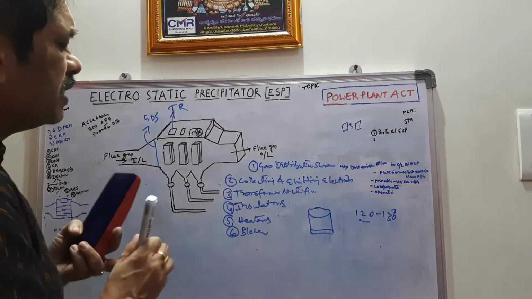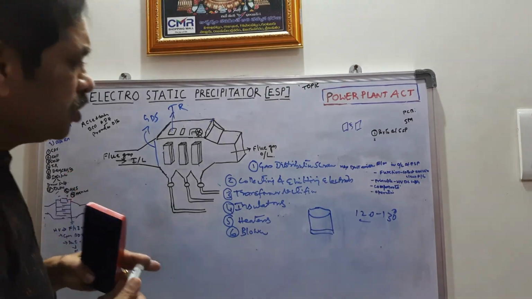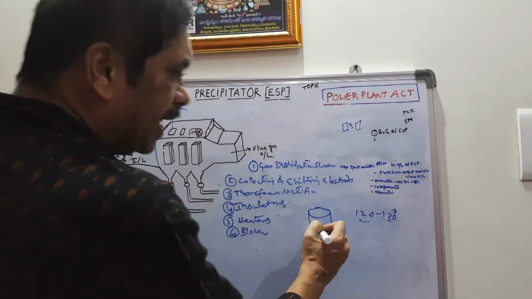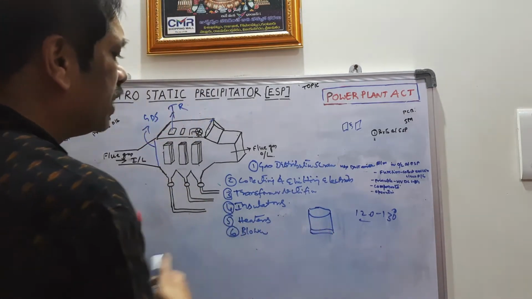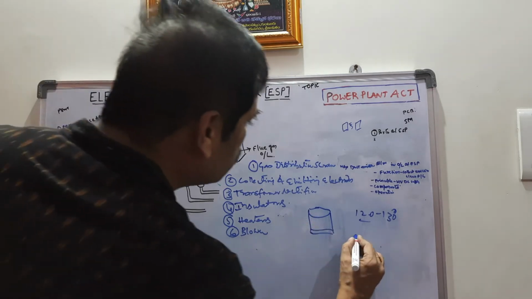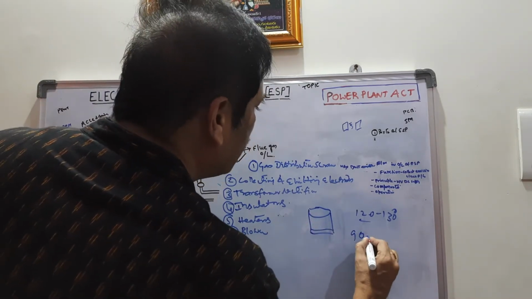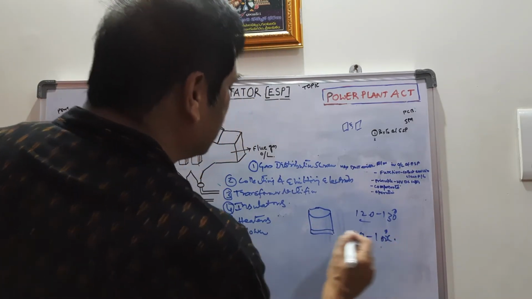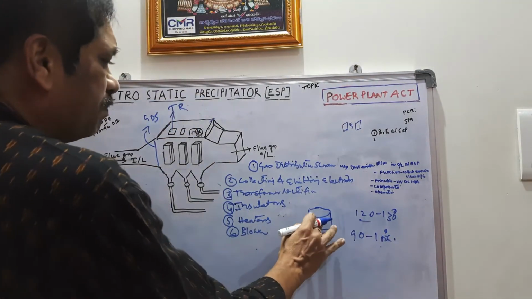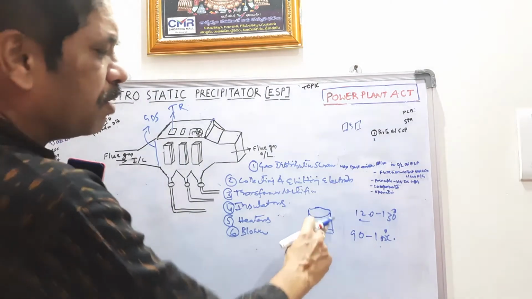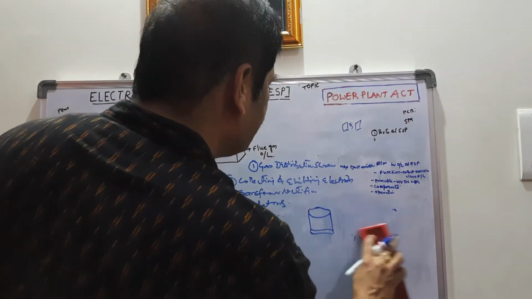If the temperature is low, then due to thermal shock, these insulators may break. So heaters are provided so that the temperature inside the insulator is maintained at 90 to 100 degrees, so that outside and inside temperatures are more or less the same, and there will not be any problem with these insulators.